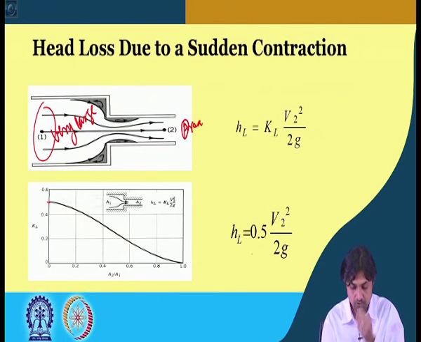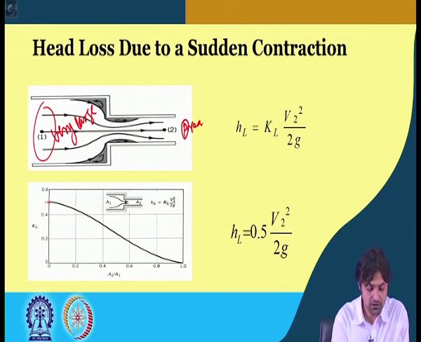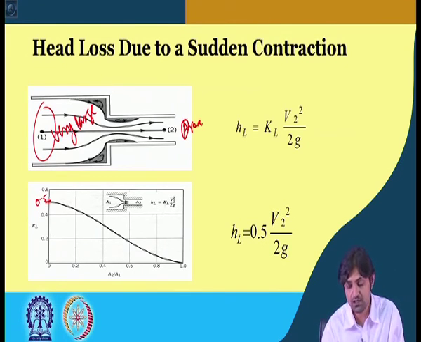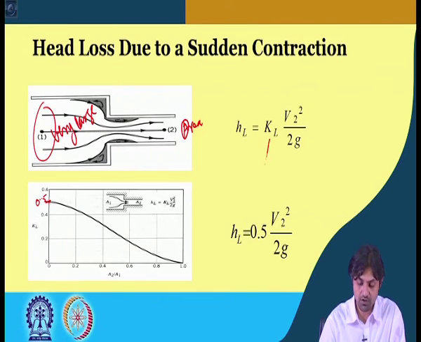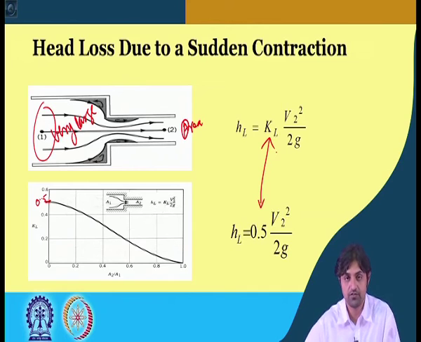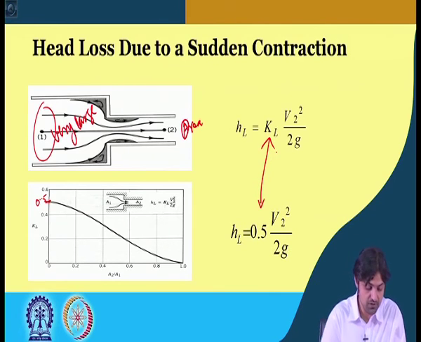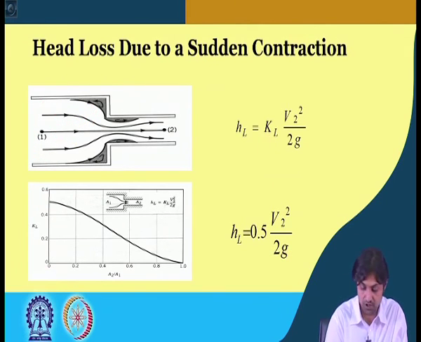In that case, according to the curve, this comes at around 0.5. So, sudden contraction will always imply that you have to assume KL is equal to 0.5. Please remember this. In case of a sudden contraction, KL is 0.5 and V2 square by 2g when multiplied with this will give the minor losses.